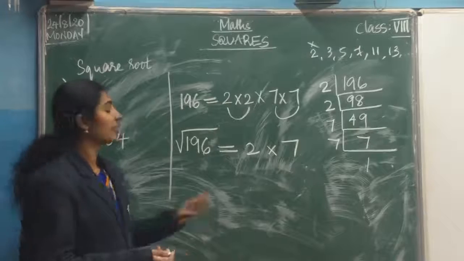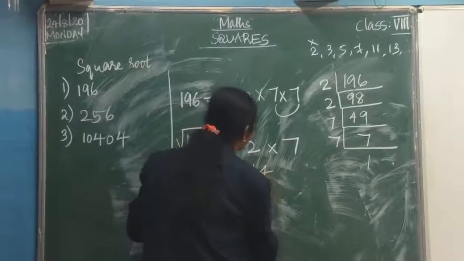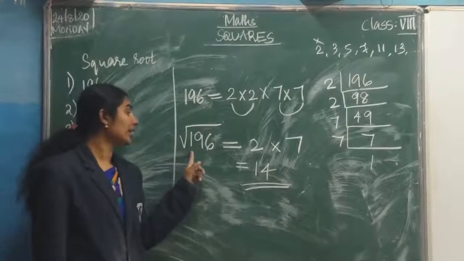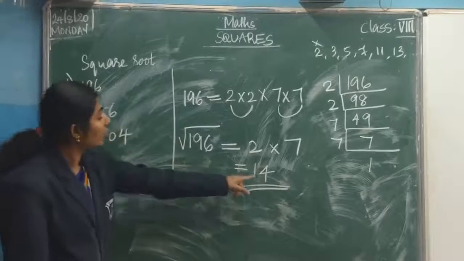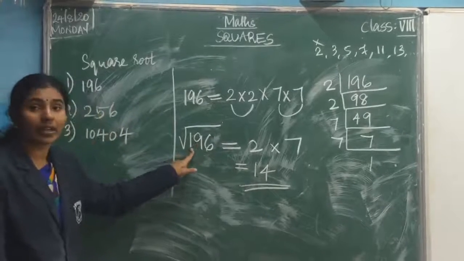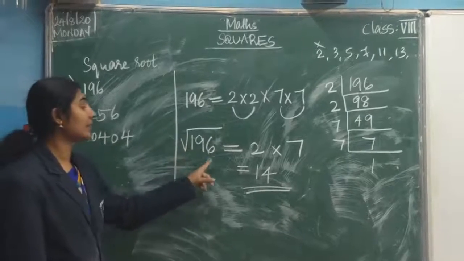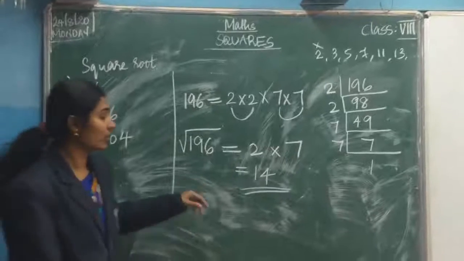So what is the final answer? 2 sevens are 14. What is the square root of 196? That you will get 14. That means the square of 14 is 196. Or the square root of 196 is 14. Anyway, we can say. Okay.